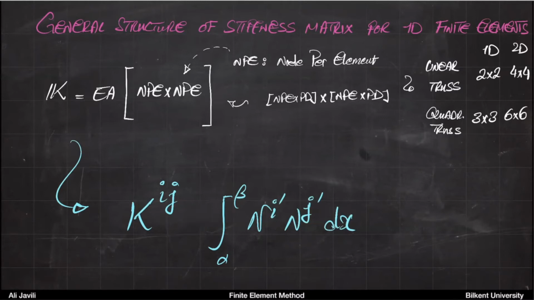Okay, so Ni and Nj, if you remember, they are functions of your coordinates. They are functions of x. So remember, Ni is a function of x. We actually learned how to write it in terms of a function of x or the coordinates. Nj is also a function of x.